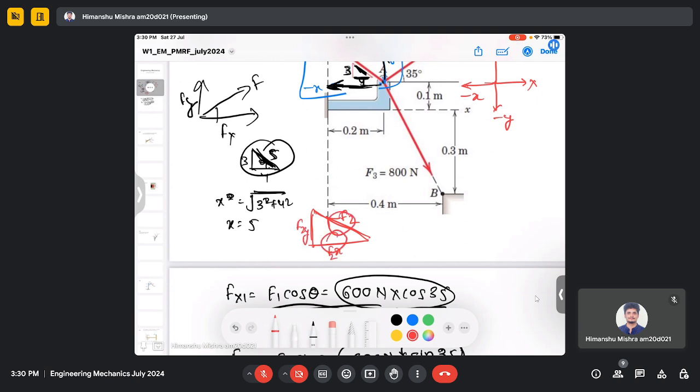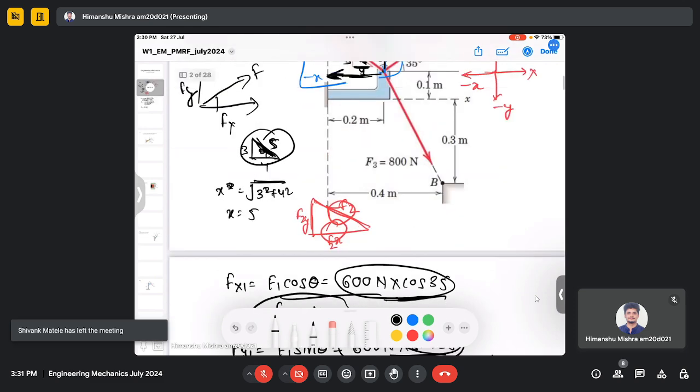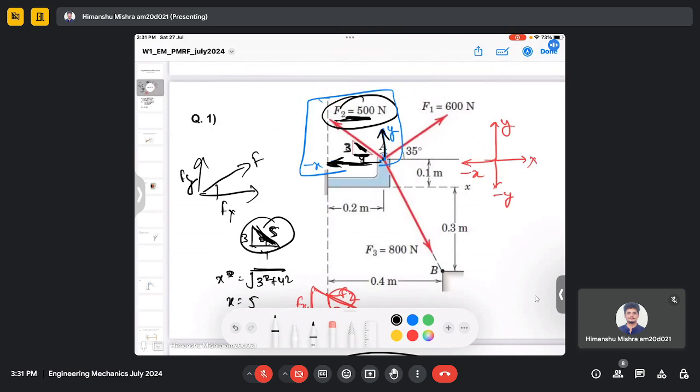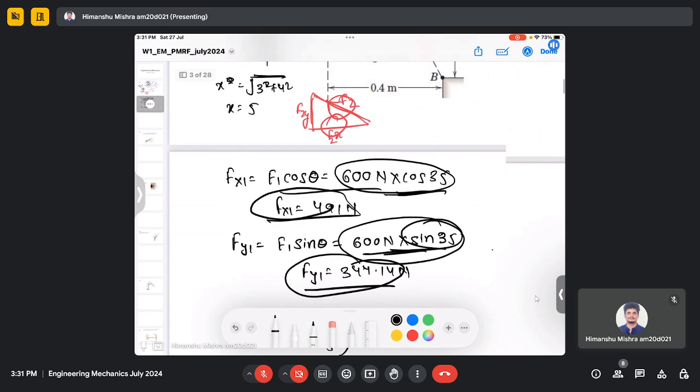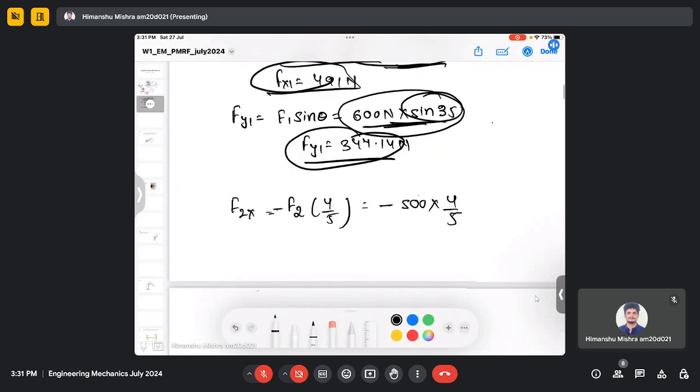I will consider these sides of the triangle. So F2x equals F2 times 4 by 5. Since the direction of F2 is along the negative x-axis, I write minus here. So it is minus 500 multiplied by 4 by 5, which gives F2x equal to minus 400 Newton.